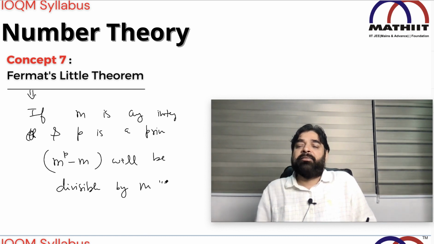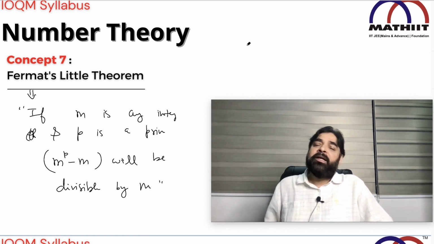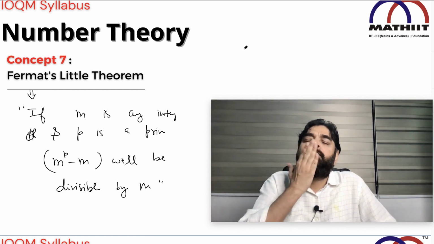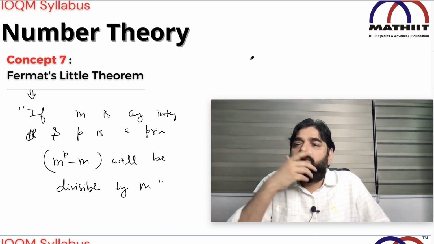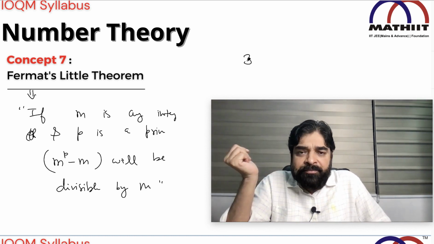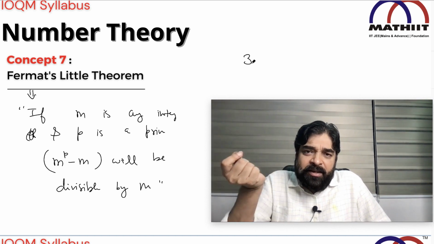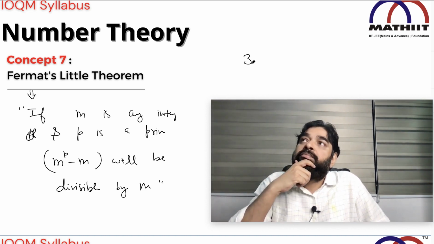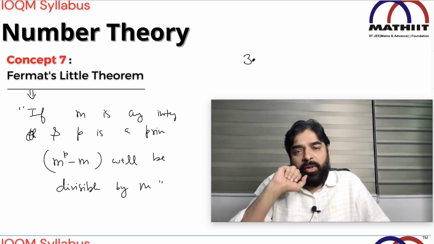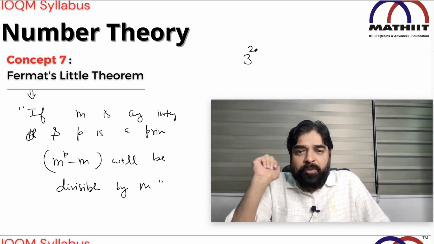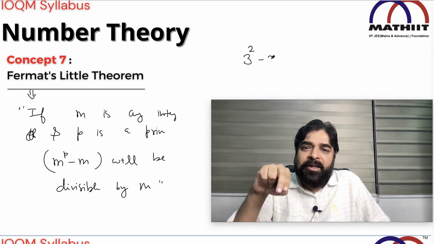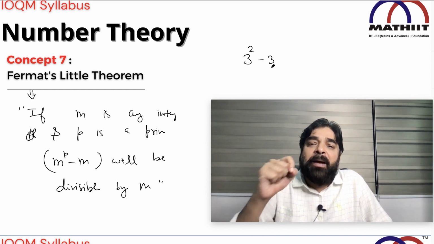This is Fermat's theorem. The complete Fermat's theorem is this much only. Imagine any integer, suppose 3. Imagine any prime, sorry, 2. So 3 power 2 minus 3 will be divisible by 2.